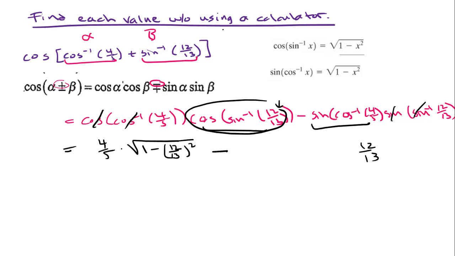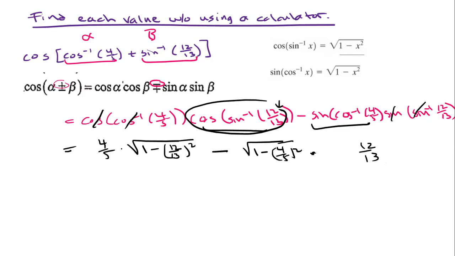So we're going to have the square root of 1 minus 4/5 squared. And don't forget this is being multiplied by 12/13 here, which I already have. All right, so let's go ahead and simplify this.